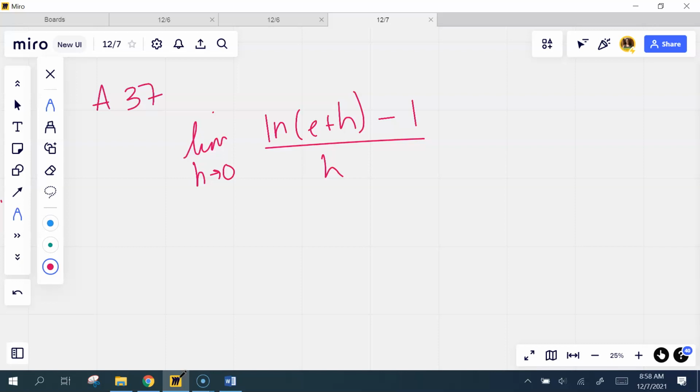Because this is the definition of the derivative, essentially, is what they've given us, right? So what can we do? We can't plug in 0, so we're going to have to manipulate some way so that we can, right?